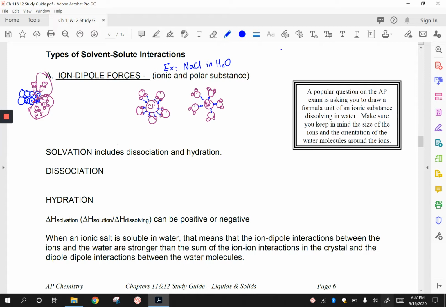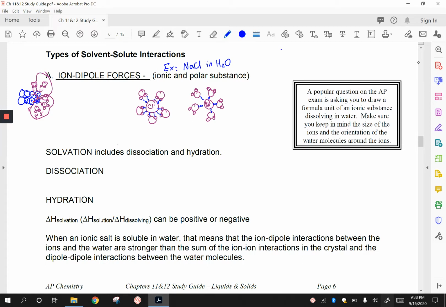So when I dissolve an ionic substance in water, two things happen: the dissociation and the hydration. The dissociation is basically the solute and the solvent particles separating from each other, which we've talked about here.